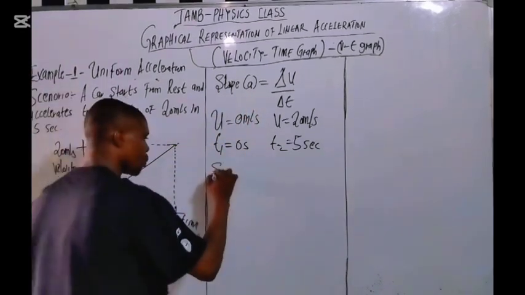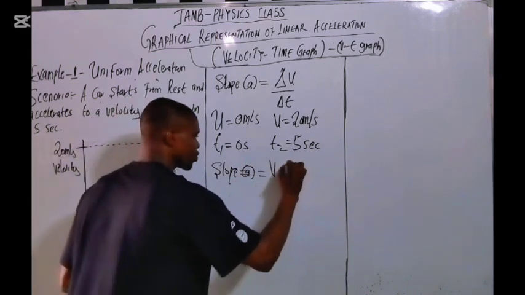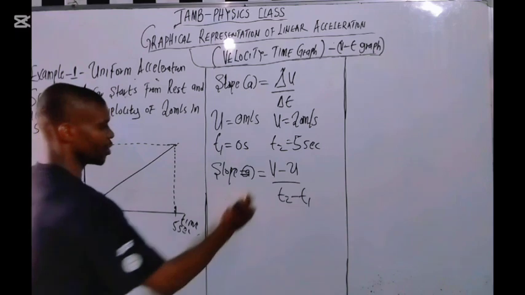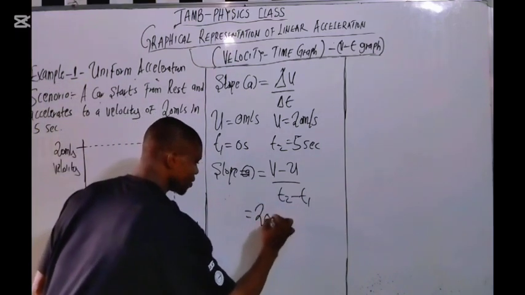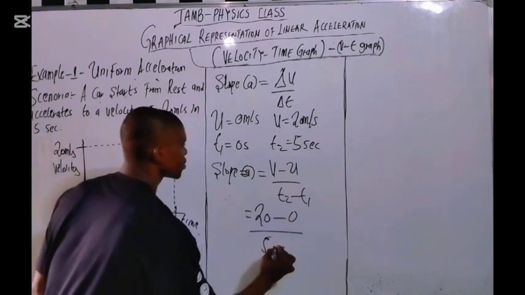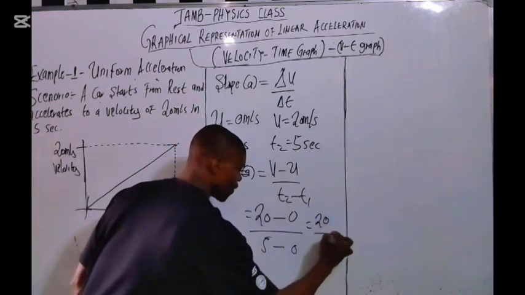Now remember, slope, which is the acceleration a, equals v minus u over t2 minus t1. If you substitute your values here, it's going to be 20 minus 0 over 5 minus 0, which gives you 20 over 5.